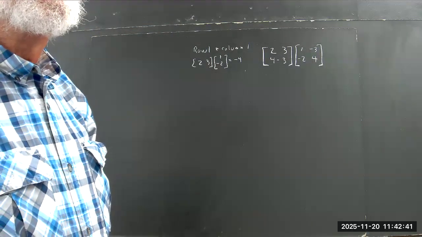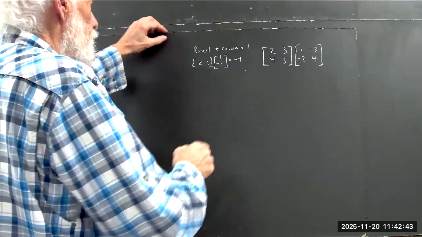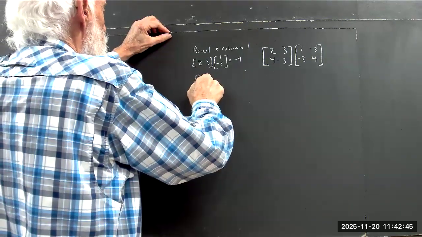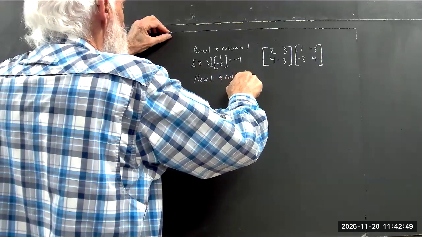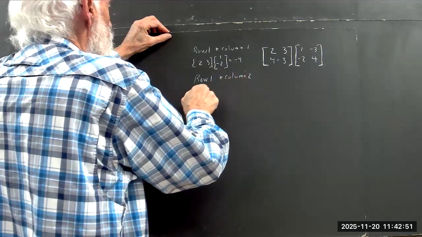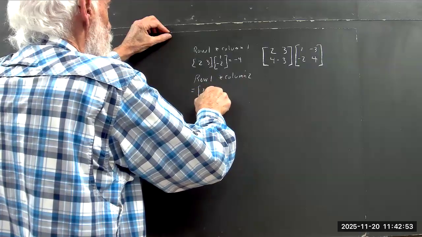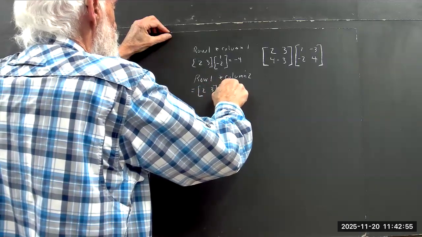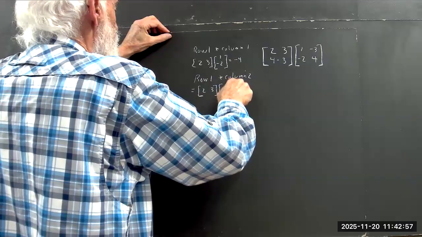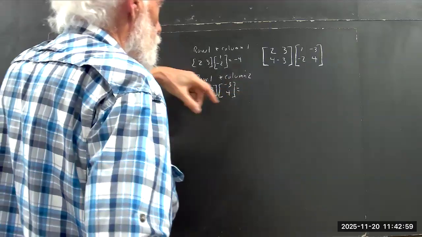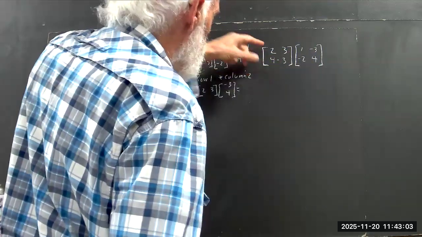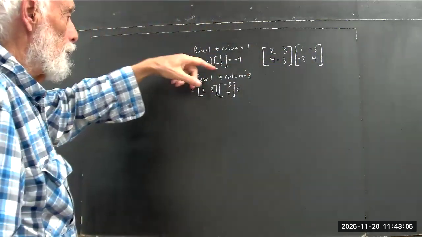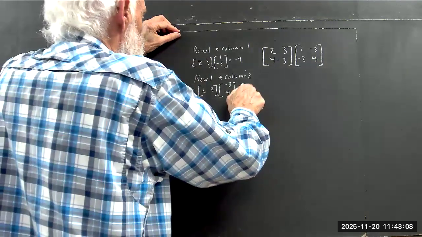Agree? Okay, row 1 times column 2. Column 2 is -3, 4. Row 1 is 2, 3. We're going to get -6 plus 12, which is 6.